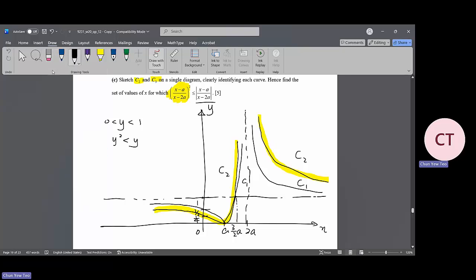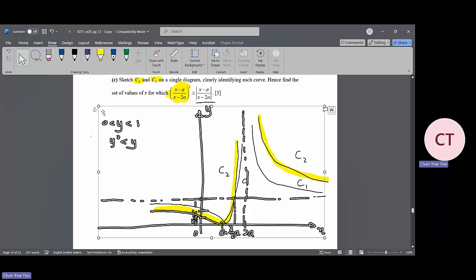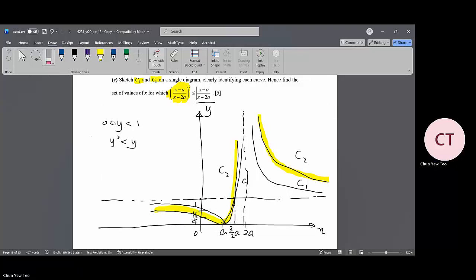Over here we just need to let them equal, but just now we already let them equal and we already solved them. We have the answer already. You can say that from the graph, our answer, okay, wait a while. Let me erase this. This one is not needed.